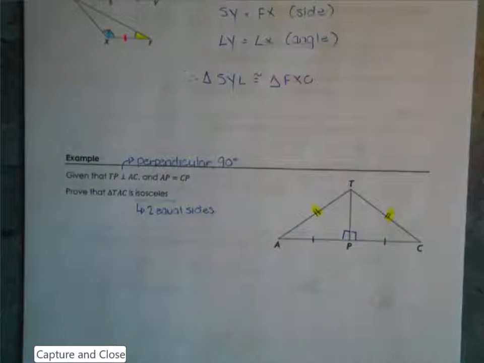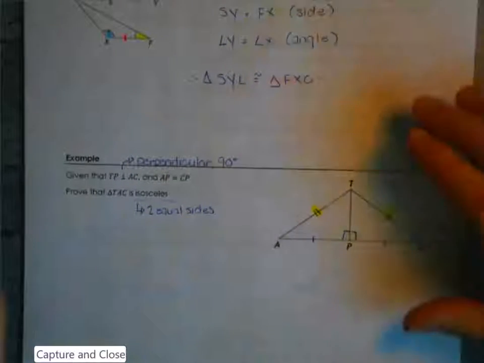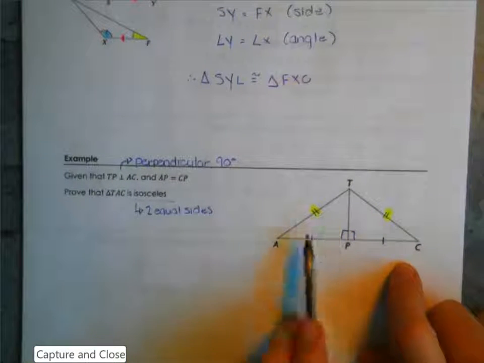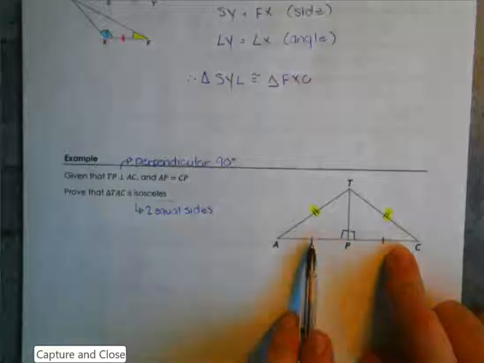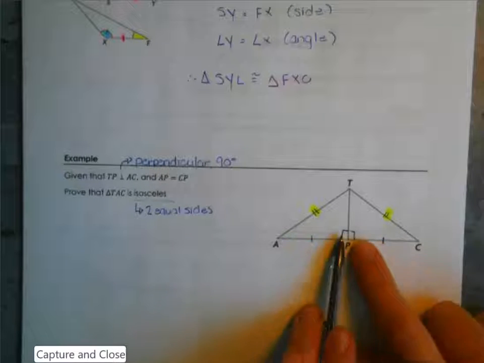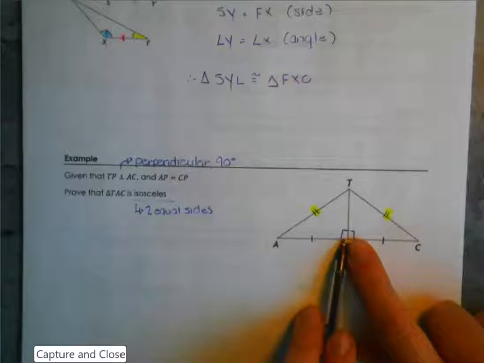Okay. Now, one of the ways that we can do that is essentially if we look at these as two smaller triangles, what we already have with these two triangles is one side that's equal and an angle that's equal, right?